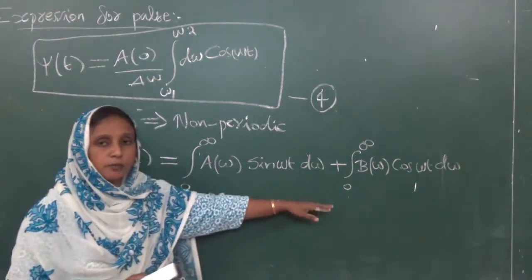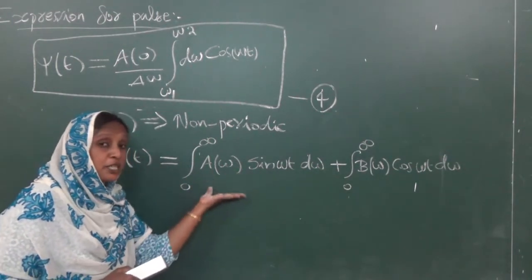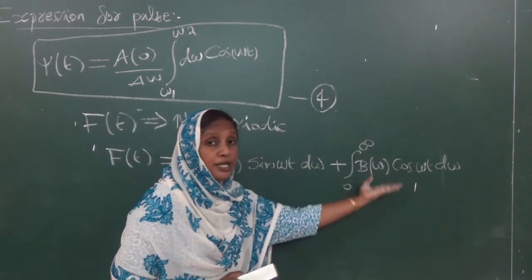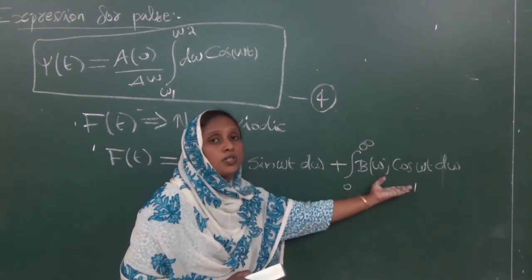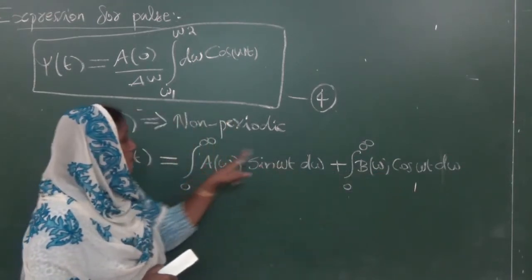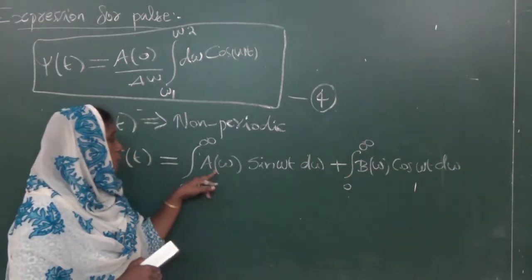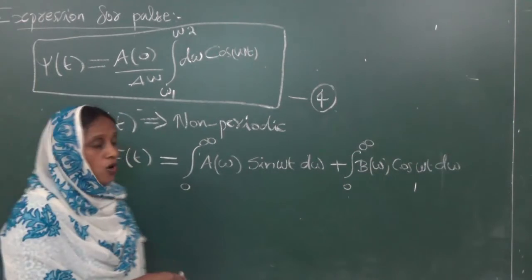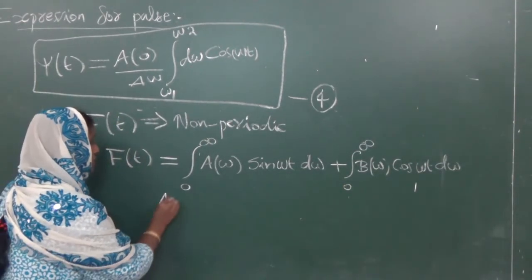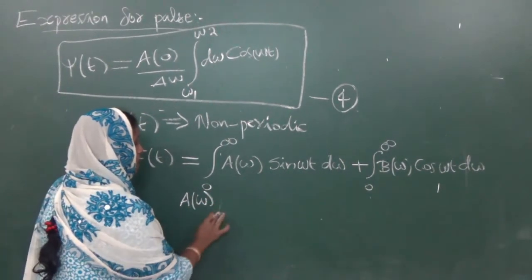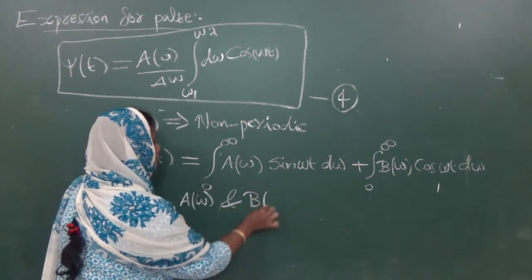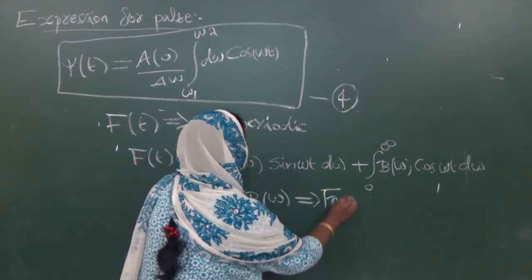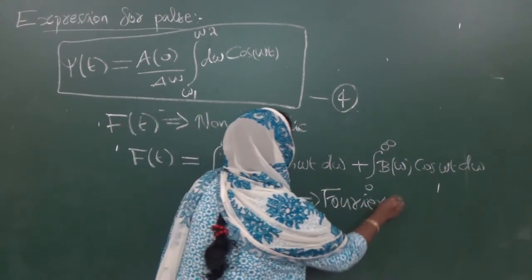Here there are two terms. This represents a continuous superposition of sine functions, and this part a continuous superposition of cos functions. These coefficients, a of omega and b of omega, are called Fourier coefficients.